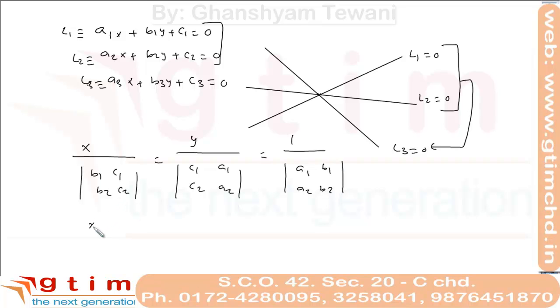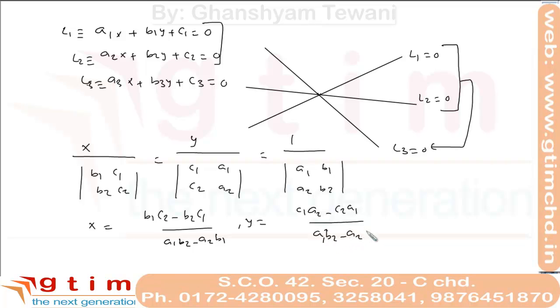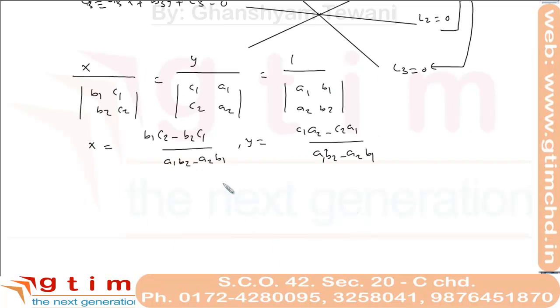Solving this, we get x is equal to b1c2 minus b2c1 upon a1b2 minus a2b1, and y is equal to c1a2 minus c2a1 upon a1b2 minus a2b1. Now this point of intersection will satisfy the third line because the three lines are concurrent.